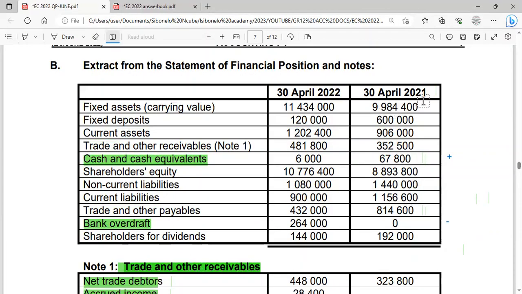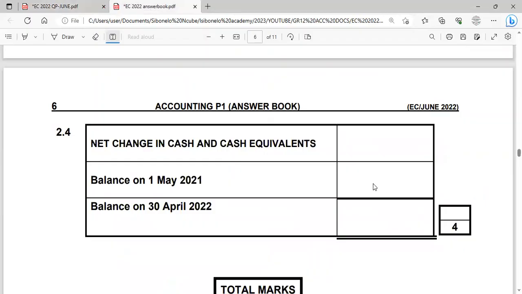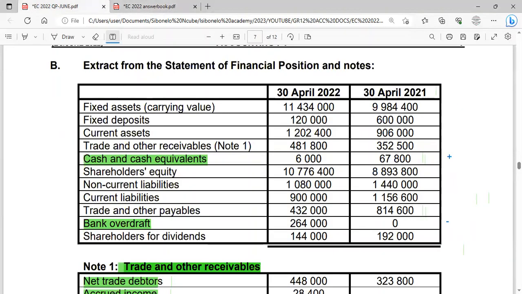So at the beginning, that is 2021, we have cash and cash equivalent 67,800, and there is no overdraft. So it is positive 67,800. And then for 2022, cash and cash equivalent balance is 6,000, and the overdraft is 264,000.